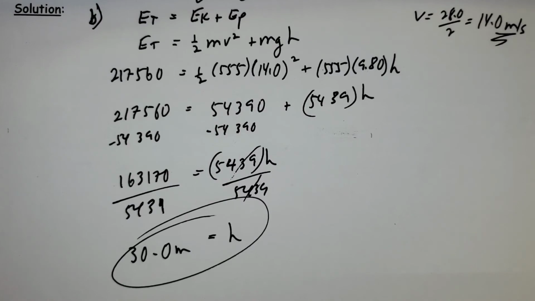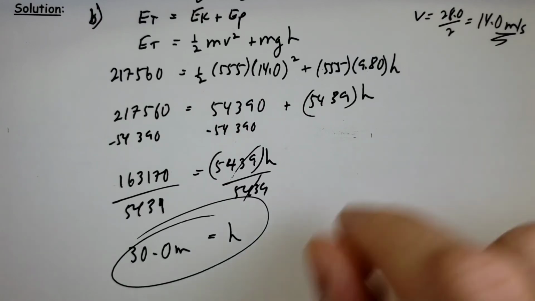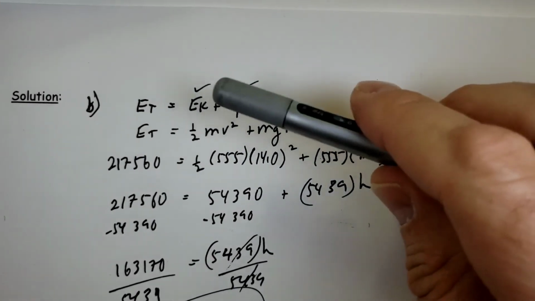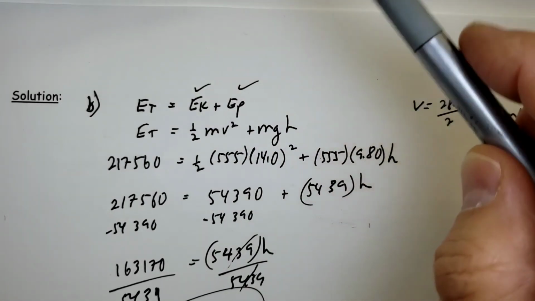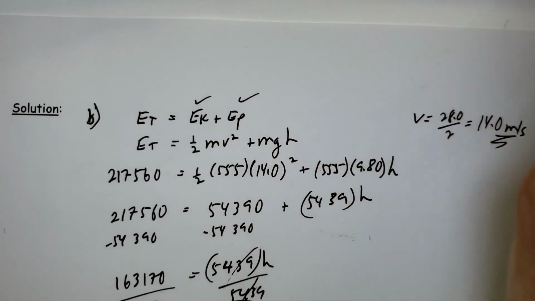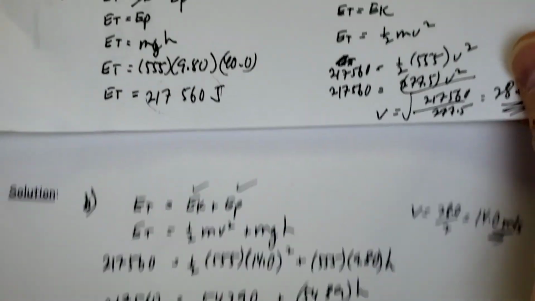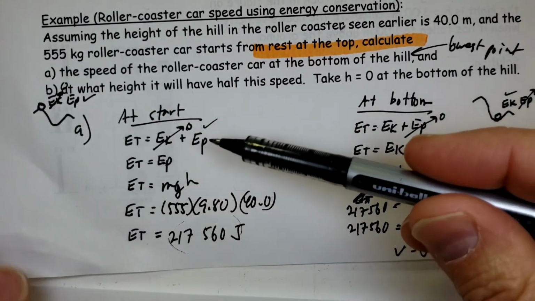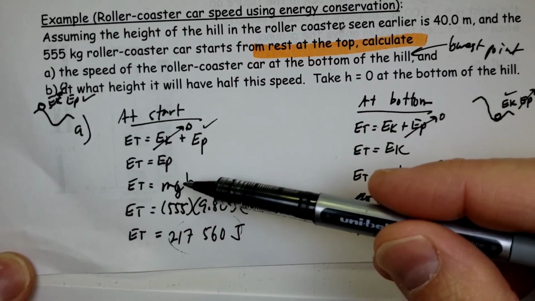All right, so that's how you handle that, ladies and gentlemen. And the key thing to remember: the total energy is found by looking at all the kinetic energy and all the potential energy. At the very top of the path, we're not moving, so all the energy is potential and can be found by figuring out potential energy.